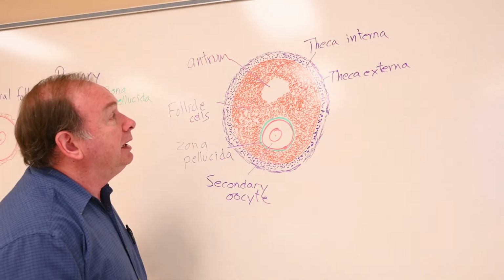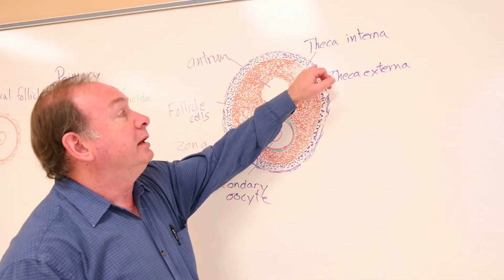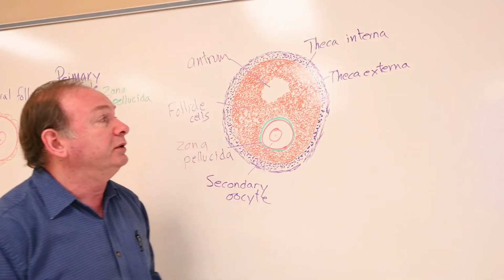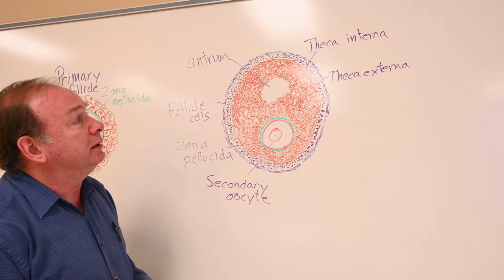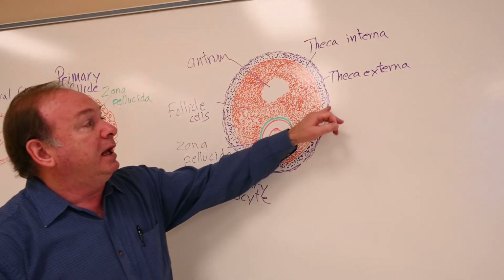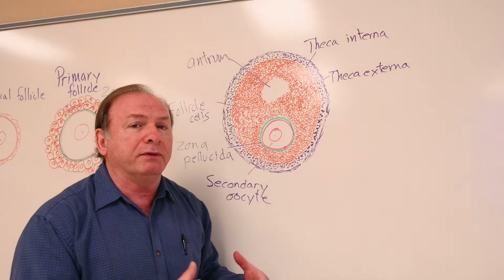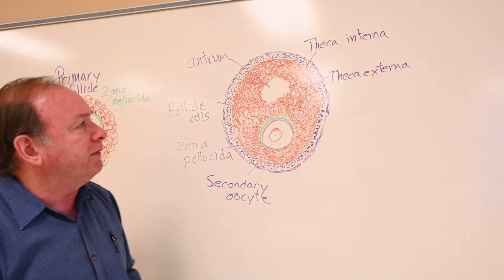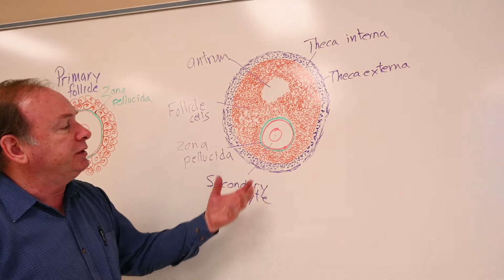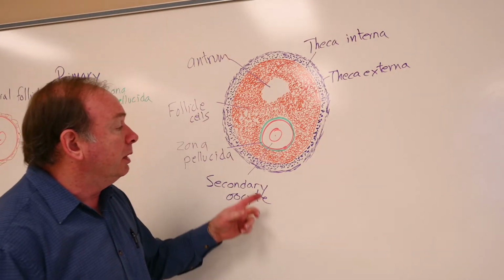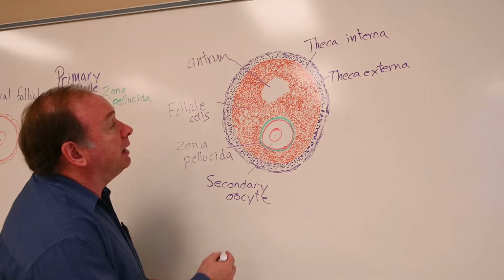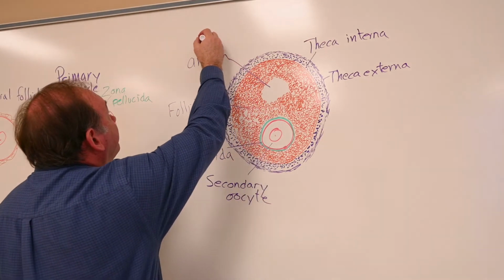So there's the internal layer and an external layer. The theca interna cells will become hormone-producing cells as the need progresses. And the theca externa is more of a supportive, structural network, more like normal fibroblasts. But the theca interna cells become hormone-producing cells later on. So altogether, this is a secondary follicle.